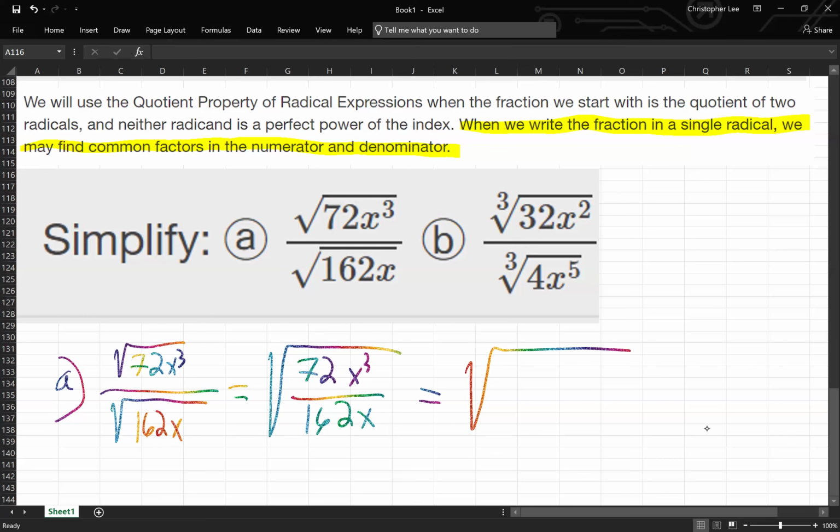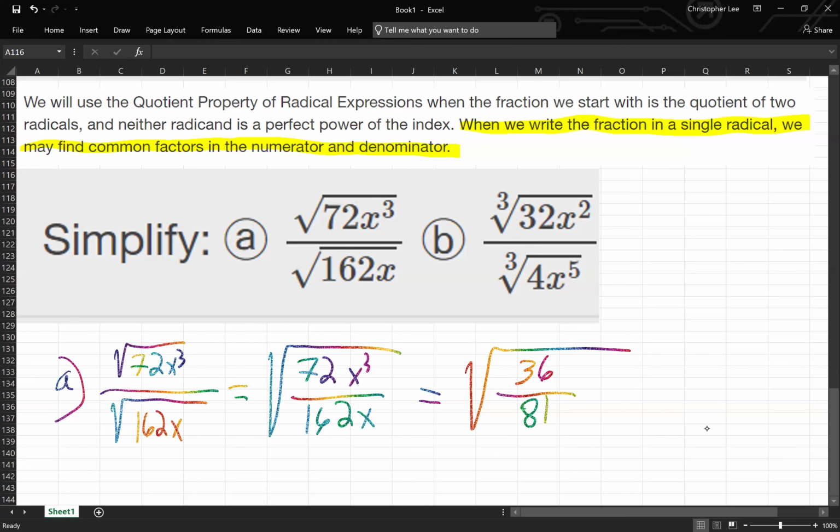Giant radical, right? So 72 divided by 162. My first instinct is to just chop it in half. So half of 72 is going to be, I think, 36. And half of 162, I feel like, is going to be 81.